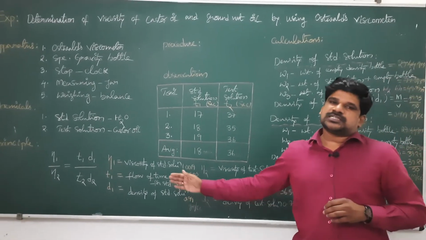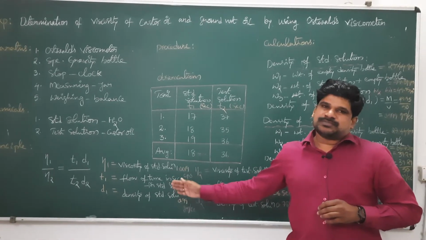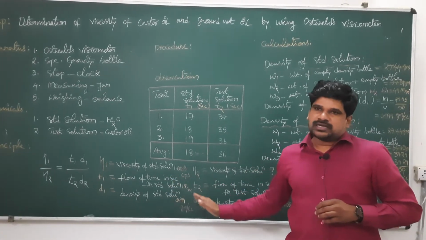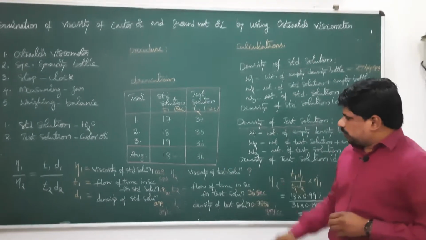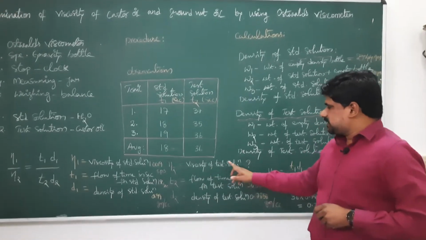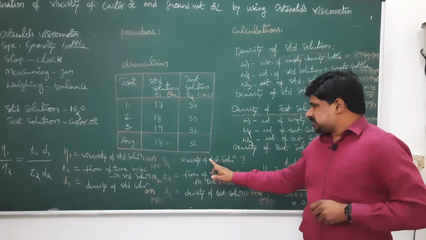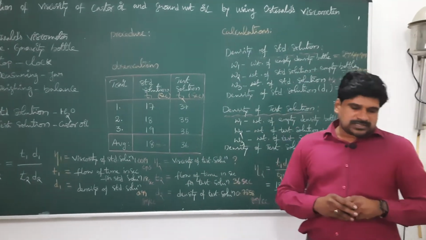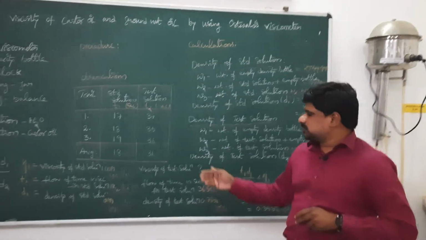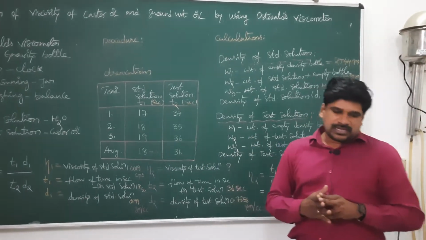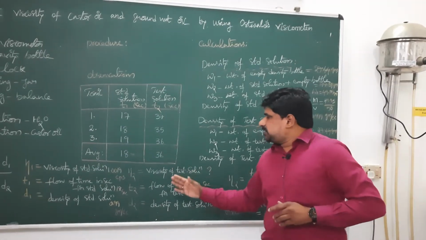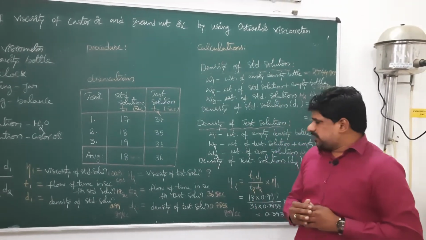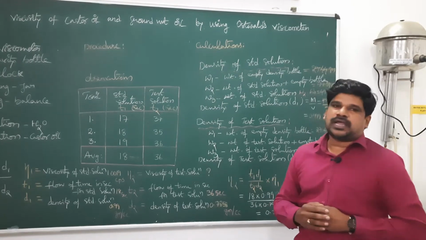Here the density of the standard solution is specific, that is 1 gram per cc, whereas η2 is the viscosity of the test solution, which is unknown. That means we have to find out the viscosity of the given test solution by using Ostwald's viscometer.